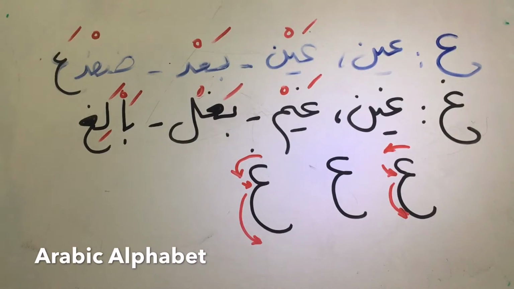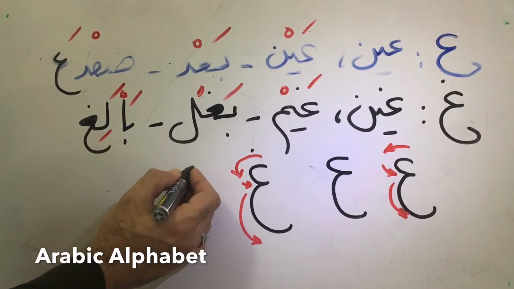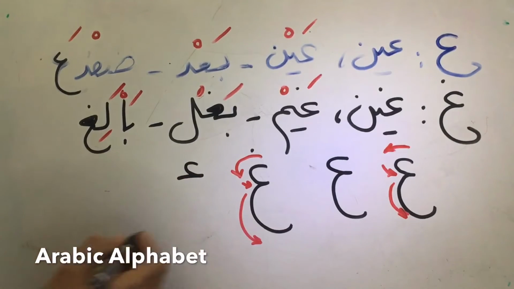So it is important to write the letter in the correct way. Both عين and غين in the beginning of the word are like this.